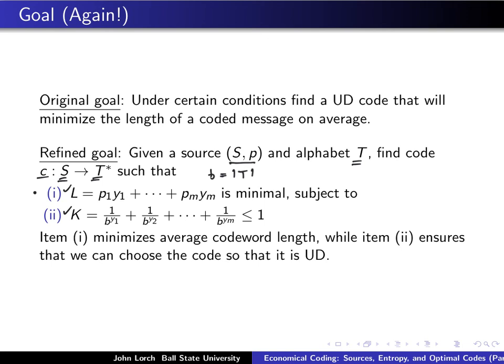Remember, L is the average code word length, which in minimizing that, we will on average minimize the length of coded messages. While item 2, this constraint, is imposed so that whatever code we choose is uniquely decodable. Remember, whenever the Kraft-Macmillan number is less than or equal to 1, then we can choose a uniquely decodable code that has the given parameters.